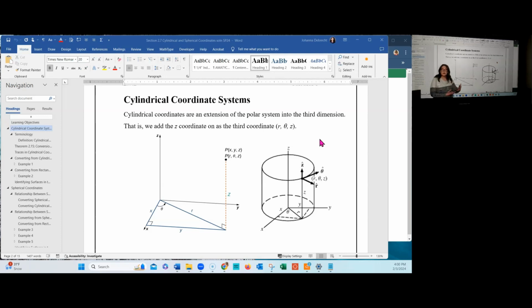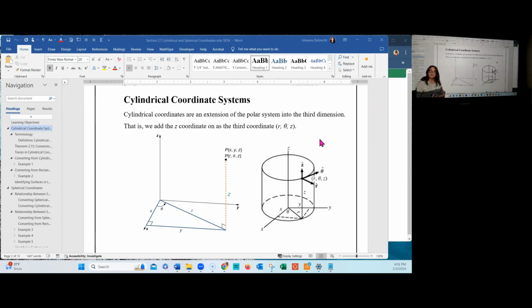What this does is this creates a sort of right circular cylindrical shape, which you see in the image on the right. Again, you have a point given in three dimensions up here in space. It casts a shadow onto the xy plane, and we can measure how far that shadow is in terms of theta radians from the positive x-axis, and r, the radial distance from the pole or the origin to the projection of the point.